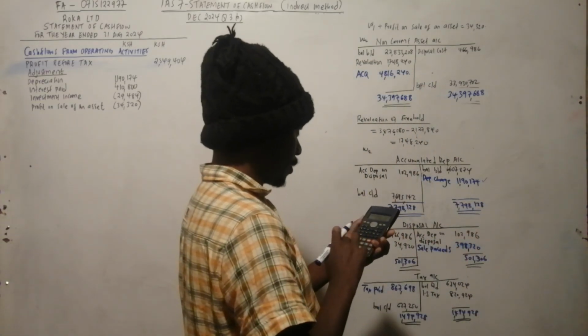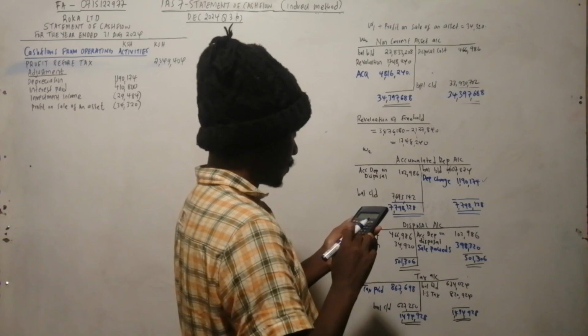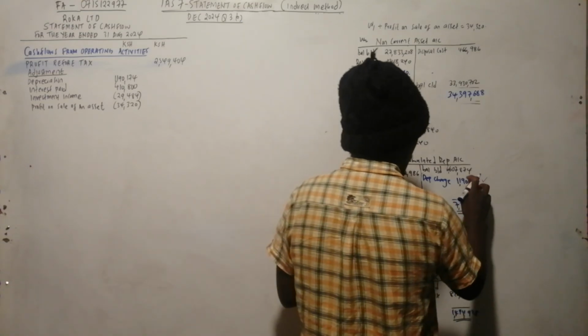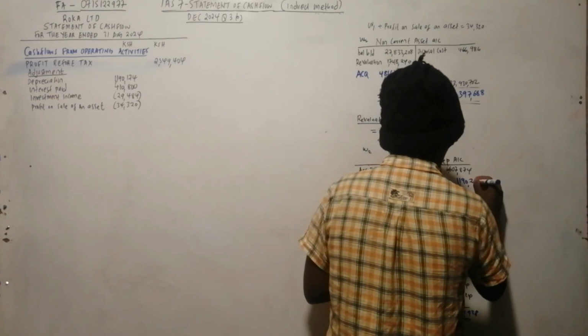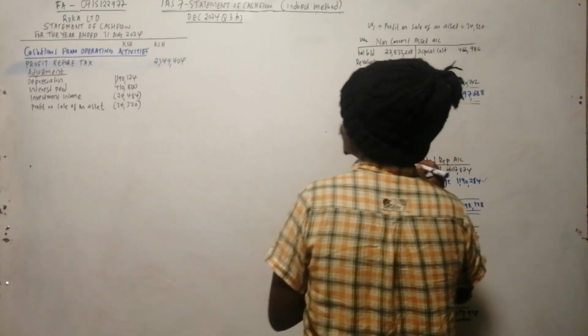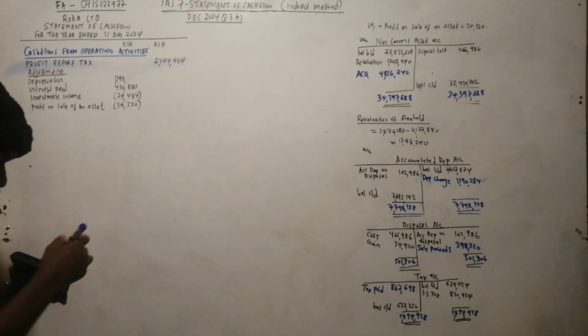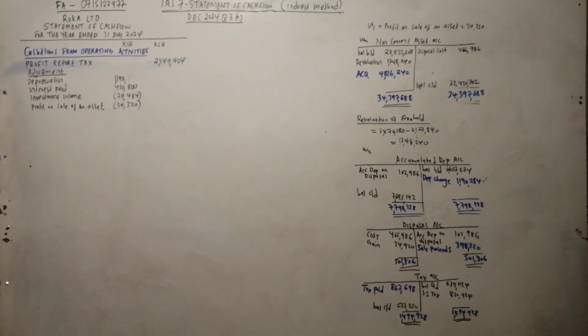Then minus 6607,874, 1190,254. This is supposed to be 1190,254. Let's correct that one.